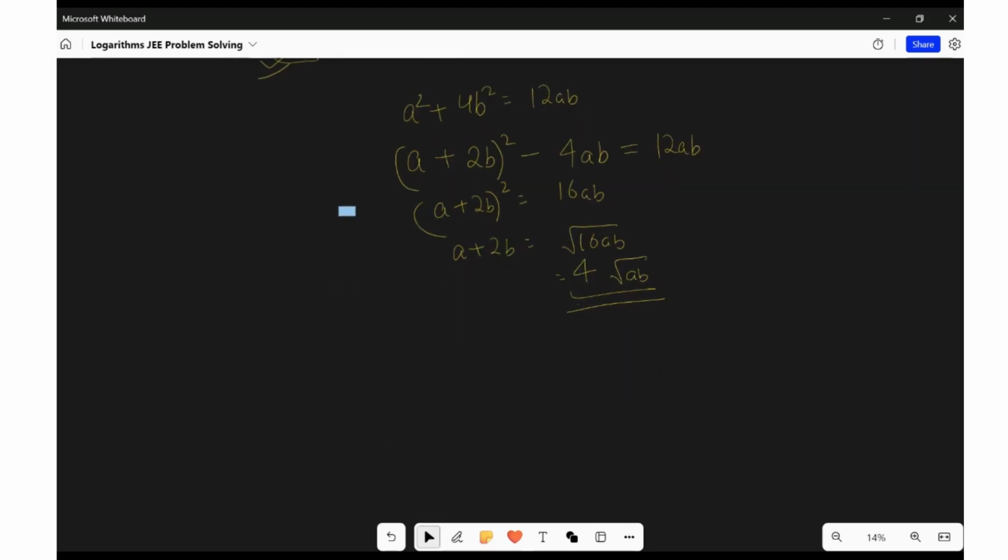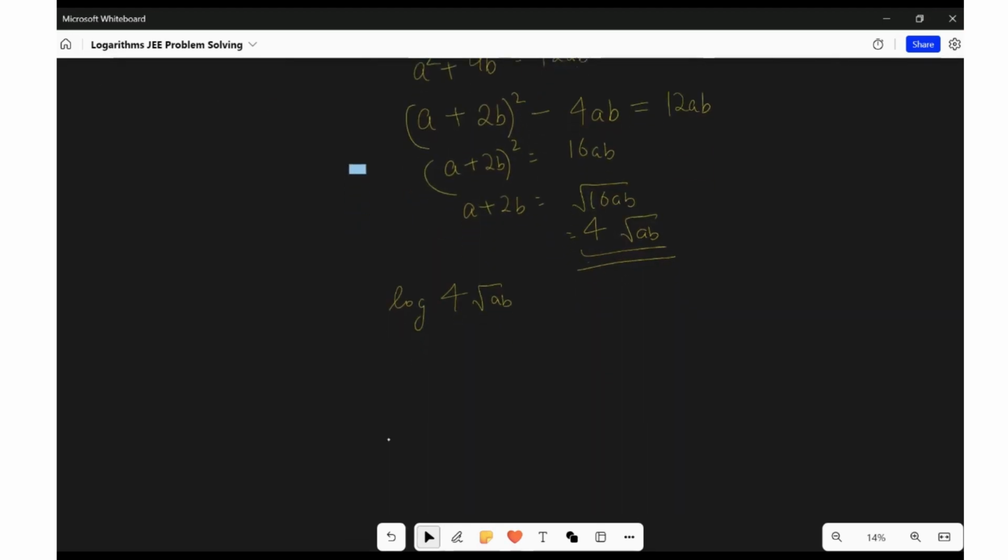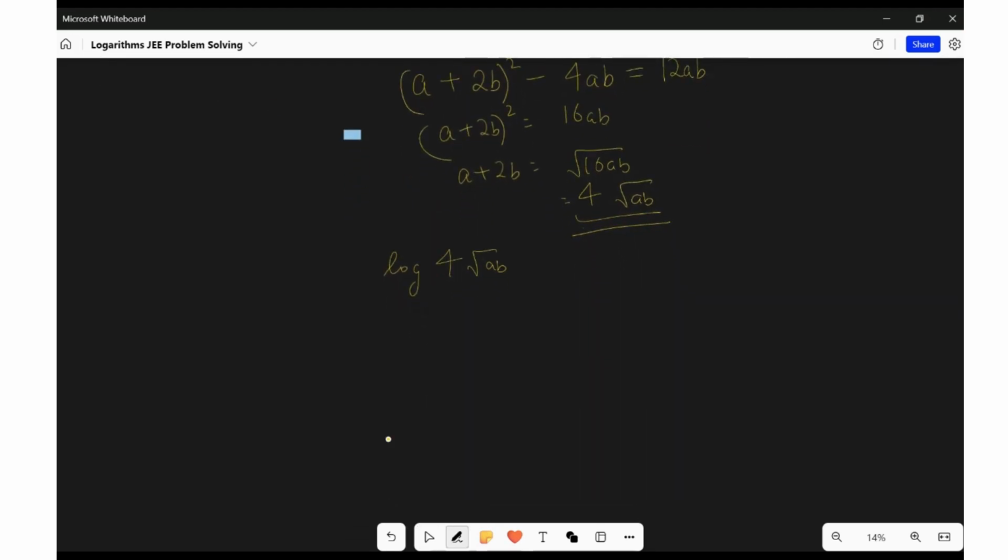Now we'll just take this value and put it in this. So log of 4 root ab, and ab to the power 1 by 2.